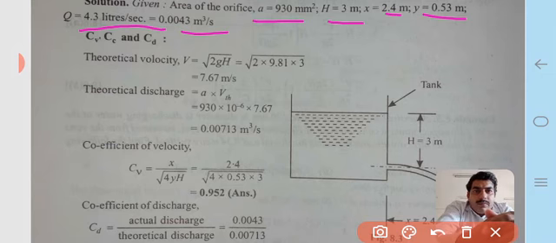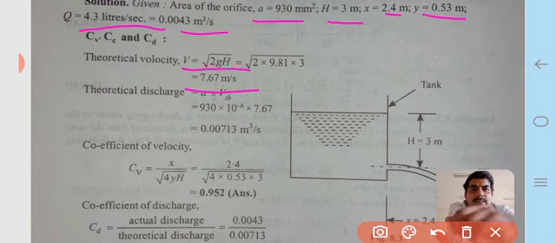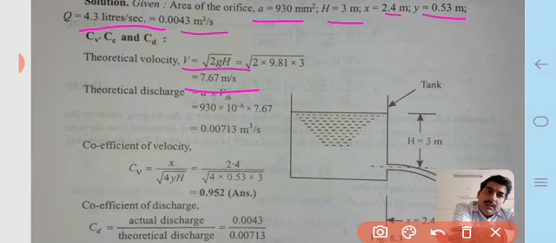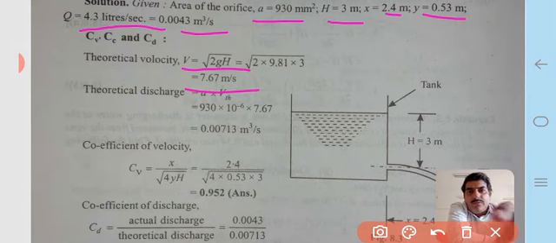Now theoretical velocity V is equal to, we know, under root 2gh, and it can be calculated, that is 7.67 meter per second. Therefore theoretical discharge is A into V theoretical, Q is equal to A into V, by the continuity equation, and therefore theoretical discharge is 0.00713 meter cube per second.